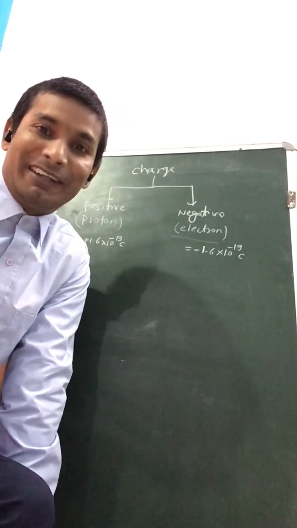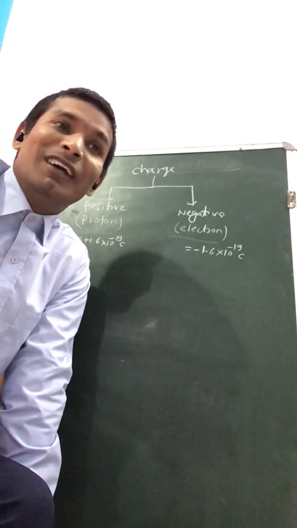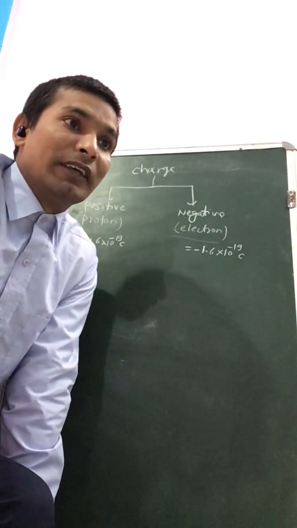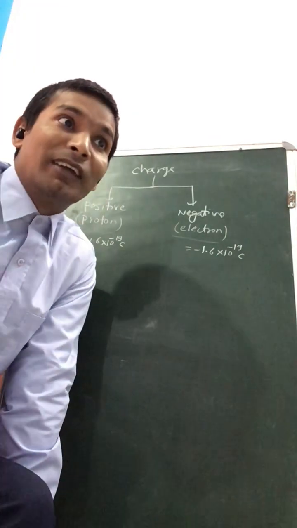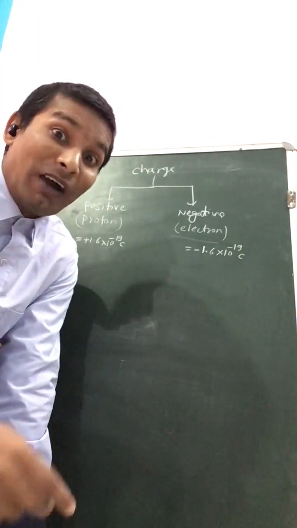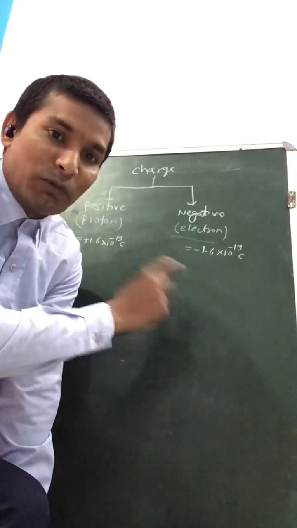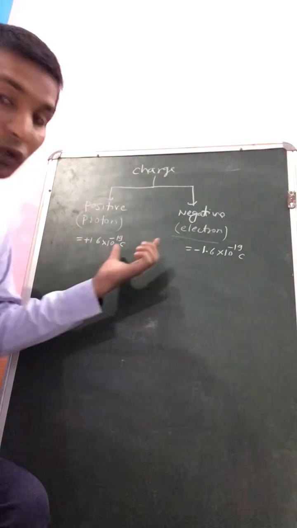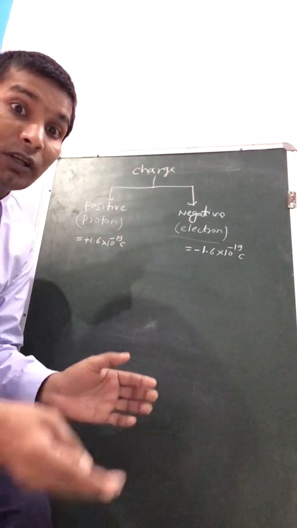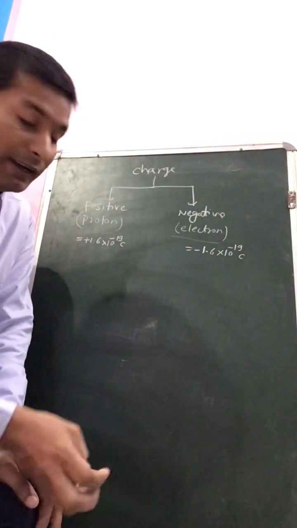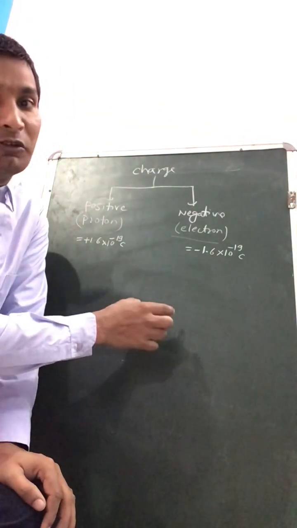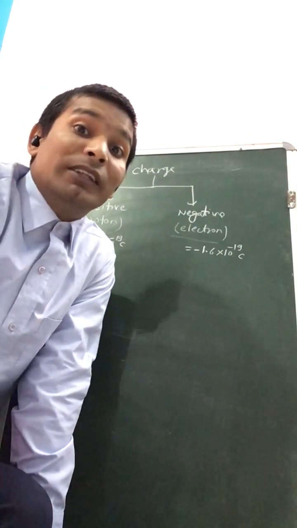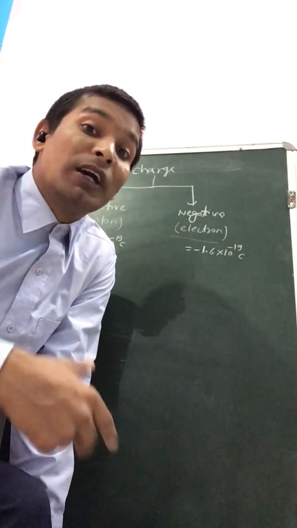There are so many things that are opposite to each other. Suppose day and night, sky and ground, right? So why have we specifically taken positive and negative charge? Because when proton and electron get added, what will be the net charge? It will be 0. So when electron and proton are added, the particle becomes chargeless.